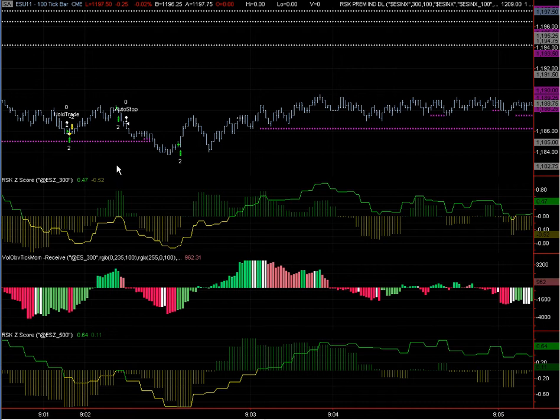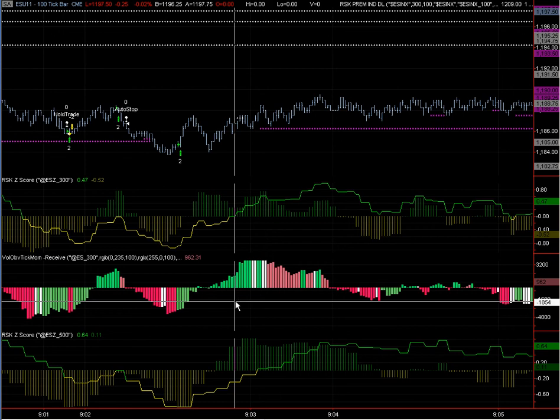So once again, if the trade is long, we're going to be auto stopped if the z-score drops below 0 and the color of the bars are red. Conversely, we'll get auto stopped on a short trade if the z-score is above 0 and the volume bars are green.